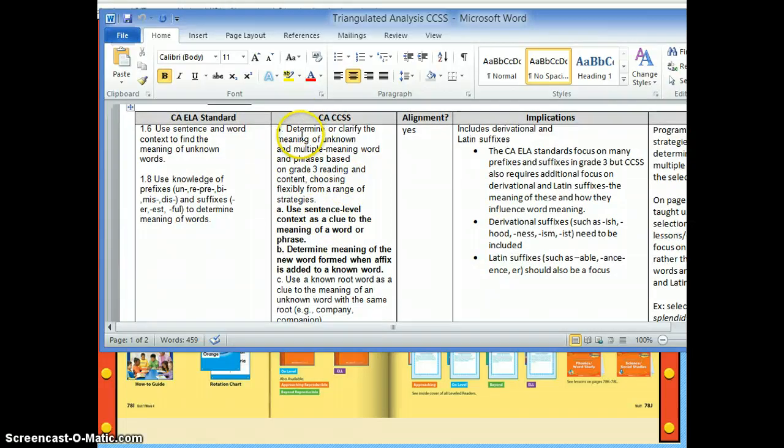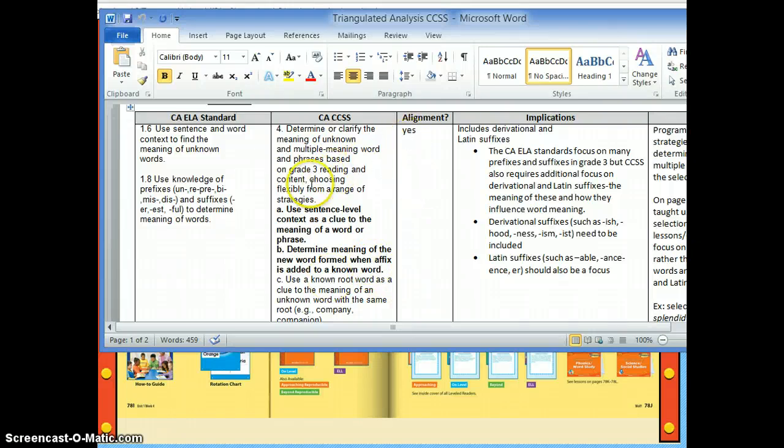So it's standard 4 for 3rd grade, and it's using sentence level context as a clue to the meaning of the word or phrase, and then determining the meaning of a new word, or knowing that the meaning changes when an affix is added to the word.